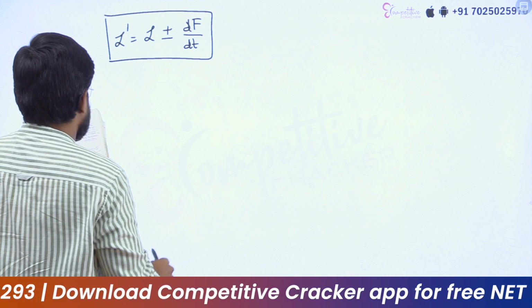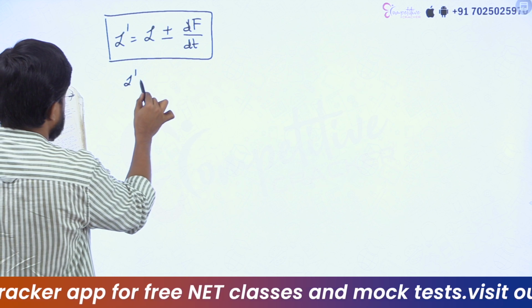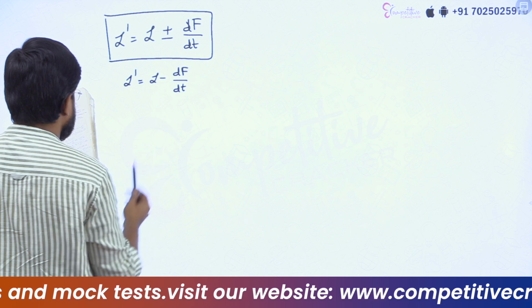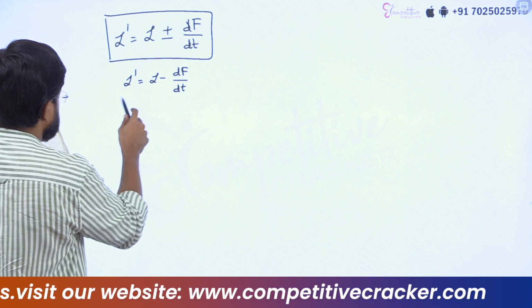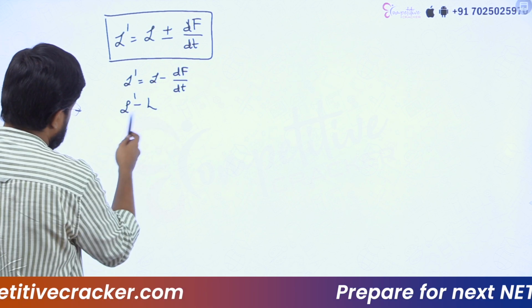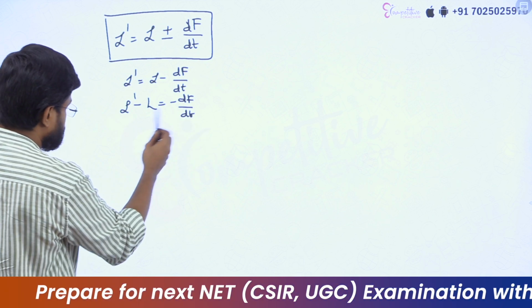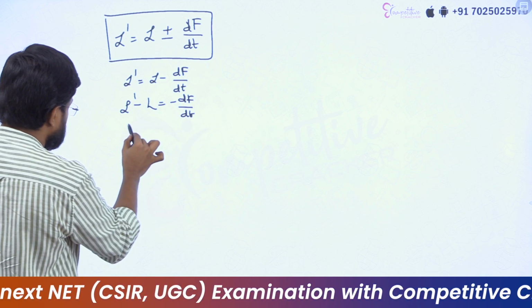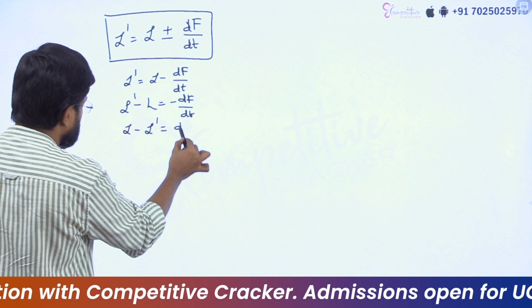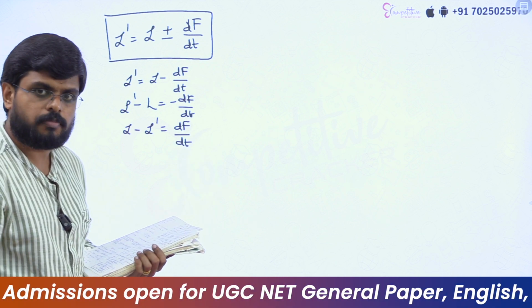Okay, so let us see, I am choosing this: L prime is equal to L minus df by dt. So L prime minus L is equal to minus df by dt. I am multiplying both sides by minus, so L minus L prime is equal to df by dt.